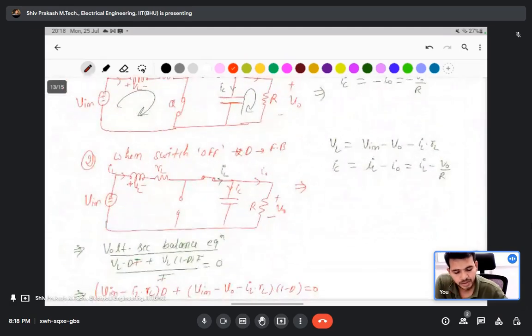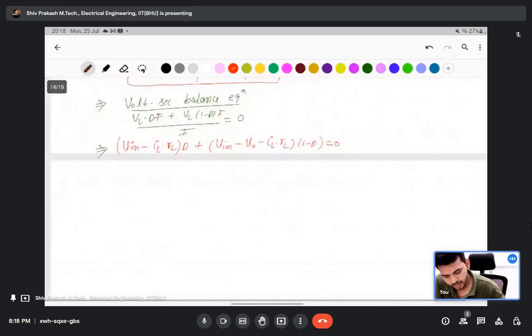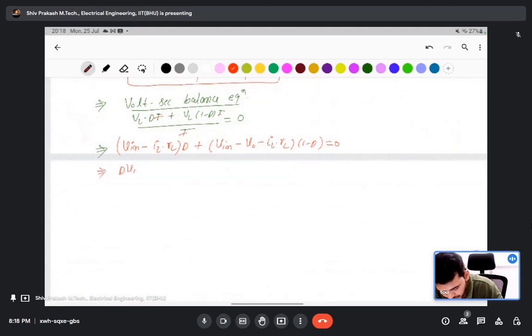Expanding: D V in minus D IL RL plus V in minus V naught minus IL RL minus D V in plus D V naught plus D IL RL is equal to 0.